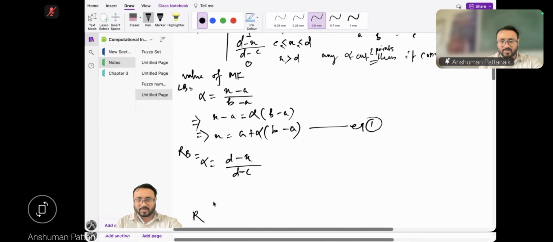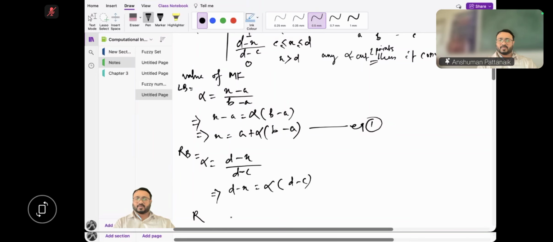So d minus x equals alpha into (d minus c). Then x equals d minus alpha into (d minus c).